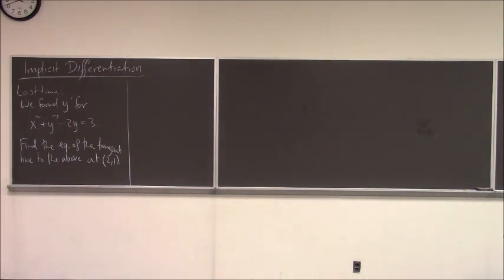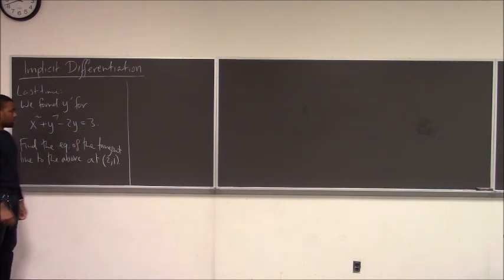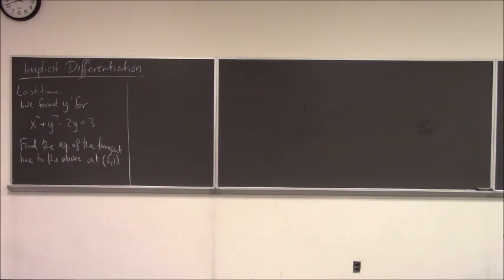As you can see here, if I were to plug in x equals 2 and y equals 1, I would get 4 minus 2, which is 2, plus 1, which is 3. So this point is actually on that curve, and I'd like to find the equation of the tangent line at that point.